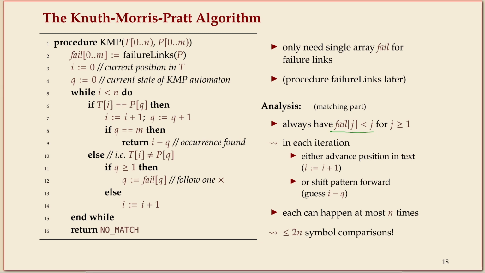There's two cases of what can happen. So we'll bound the overall number of iterations of this while loop, because inside, if you look at what happens, there's a few if, then, else, and so on, but there's no further loops.